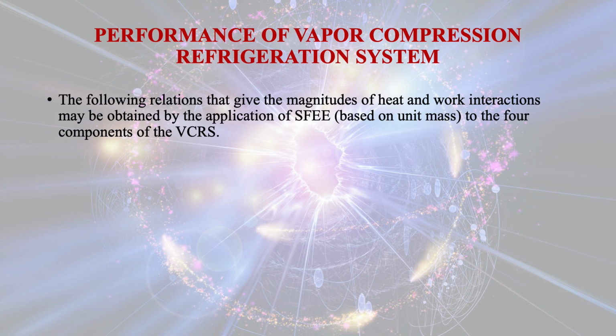Performance of vapor compression refrigeration system. The following relations that give the magnitude of heat and work interactions may be obtained by the application of the steady flow energy equation based on unit mass to the four components of the VCRS.